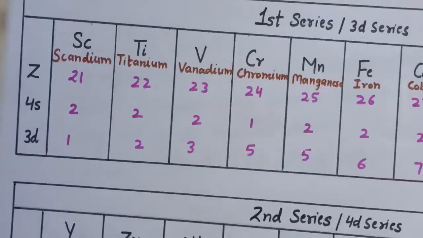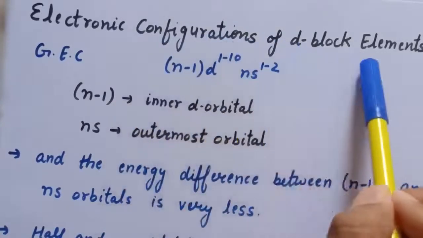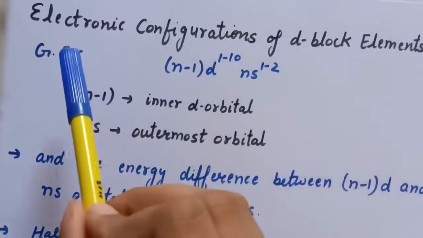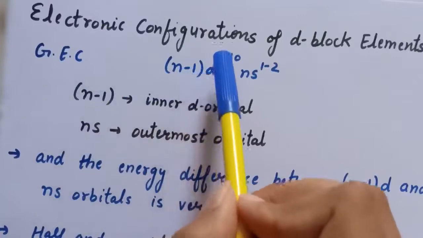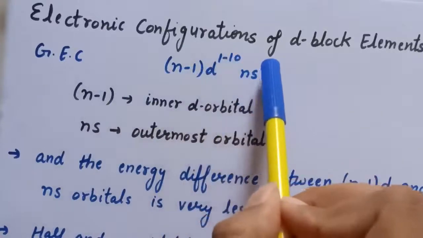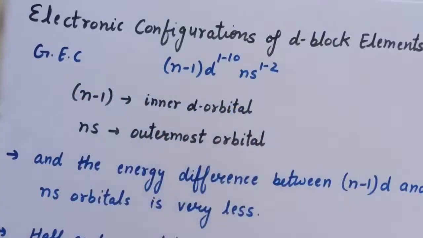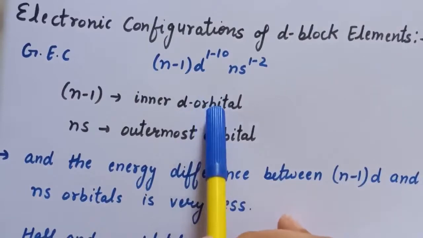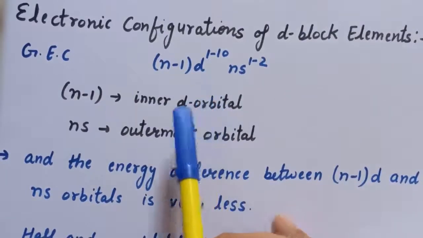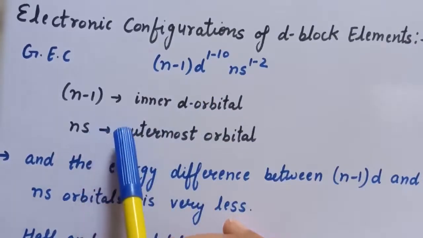Now we will discuss the electronic configuration of d block elements in detail. The general electronic configuration of a d block element is (n-1)d 1 to 10, ns 1 to 2, where (n-1)d is the inner d orbital, which may have 1 to 10 electrons, and the outermost orbital, that is the ns orbital, may have 1 to 2 electrons.